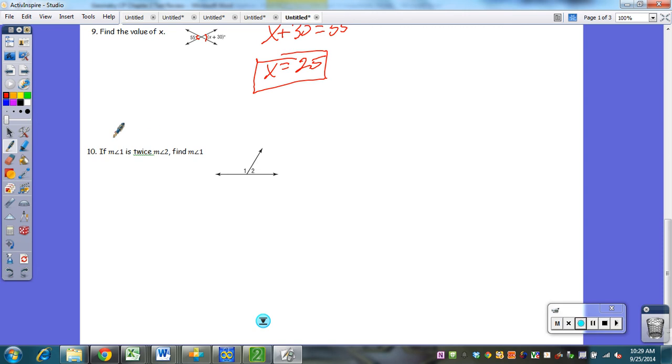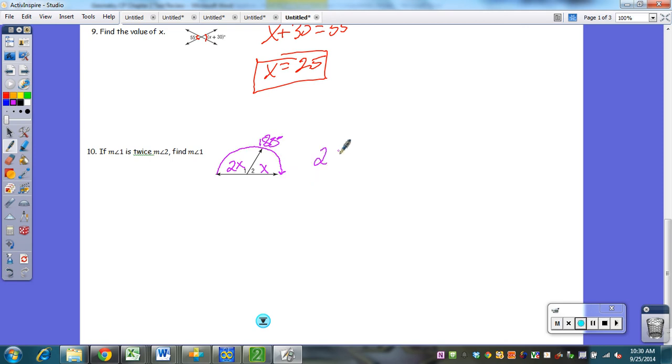Number 10, if the measure of angle 1, this angle right here, is twice the measure of angle 2, then find out what the measure of angle 1 is. So again, if we let the measure of angle 2 just equal x, and the measure of angle 1 is twice the measure of angle 2, then the measure of angle 1 is 2 times whatever the measure of angle 2 is. And we know that we have a linear pair, which equals 180 degrees.